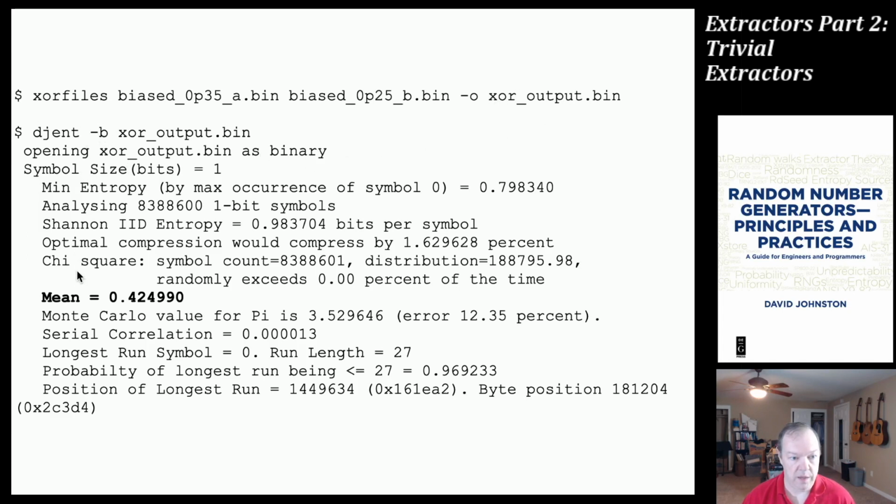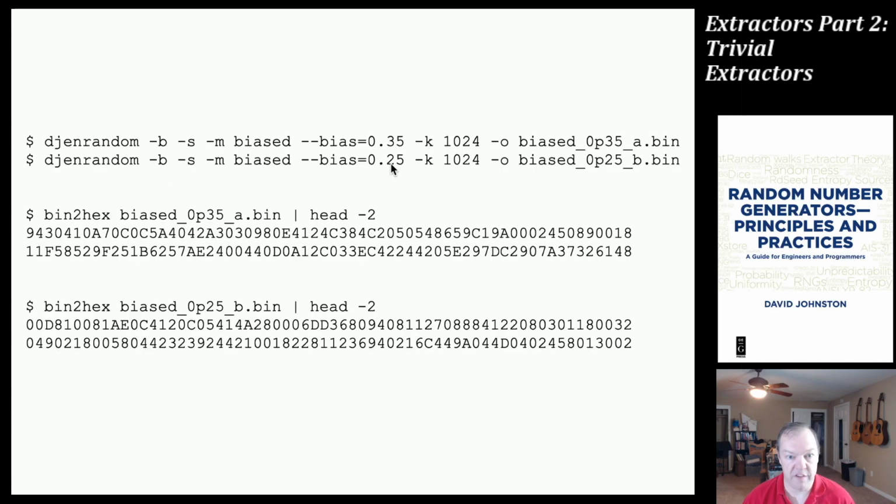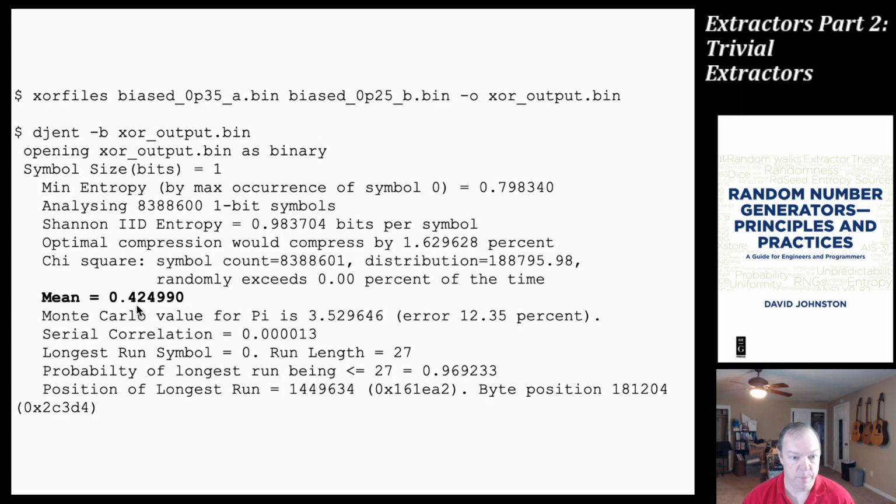And then we run it through ent to see what the mean is. And the mean is now 0.425. And so what we're inputting is 0.35 and 0.25. But we XOR'd it and we got a single file where the bias is closer to 0.5.